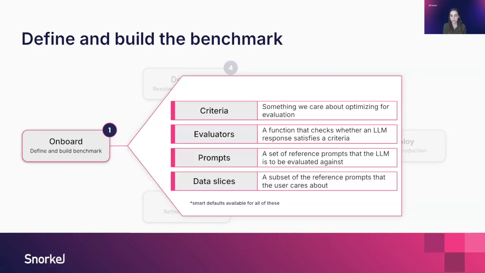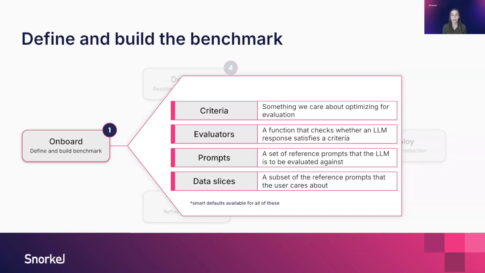At the top here, we have criteria. And so you can think of this as an axis that you care about. So Shane talked about correctness, completeness, robustness, fairness, all of those general ones, and then also ones that are specific to your use case. So maybe don't mention competitors or don't contain PII in your response. So you'll define those axes you care about.